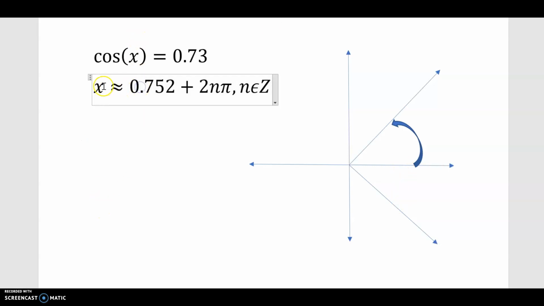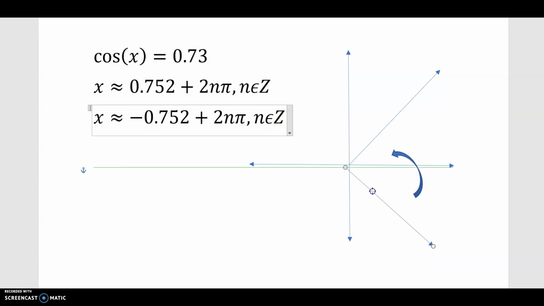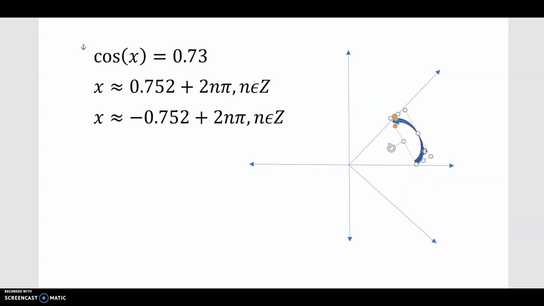So all I have to do to get my second solution is basically make this negative. And then it will show me the second angle, which is in the fourth quadrant and has a reference angle of 0.752. So there it is. This is the second one I'm looking for.